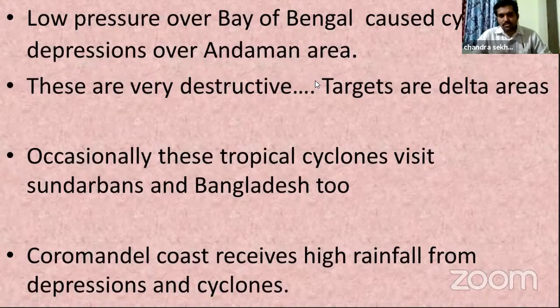That low pressure causes cyclonic depressions over the Andaman area, near the Andaman Nicobar Islands. Because of the direction of the winds, the cyclones hit the coastal areas, particularly the eastern coastal plains: Tamil Nadu, Andhra, Orissa, and West Bengal. These are very destructive. The targets of these cyclonic depressions are delta areas and coastal areas.